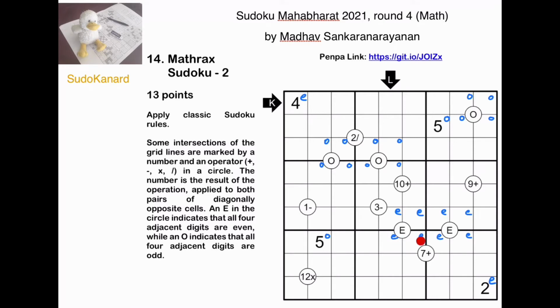For example, I see 4 even digits now. I know that all remaining digits in the rows must be odd. That's the first thing. Here we have 5 odd digits, so the remaining ones must be even.